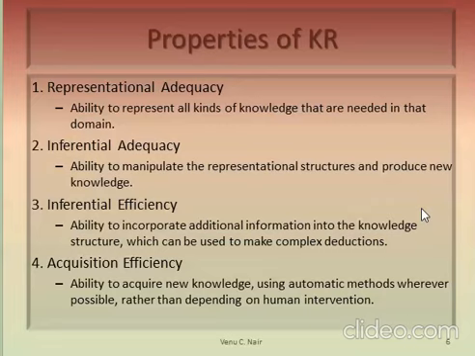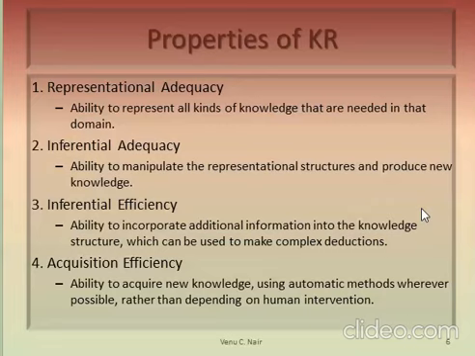The final one is acquisition efficiency, which is the ability to acquire new knowledge using automatic methods wherever possible, rather than depending on human intervention. So the human being should not intervene into the process of acquiring new knowledge.